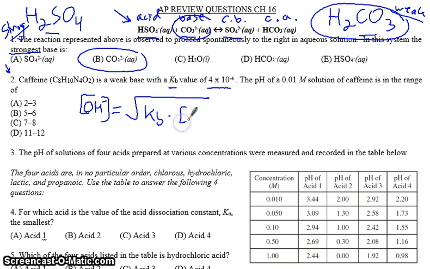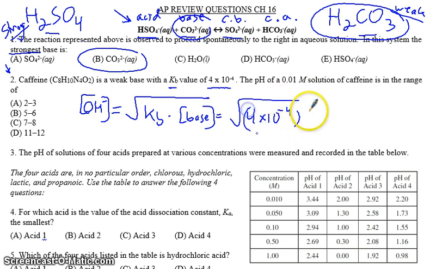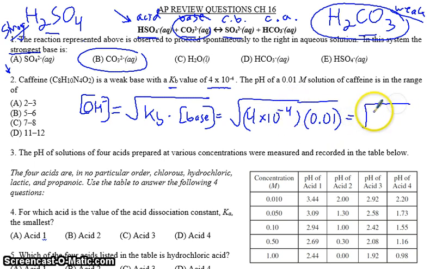So in this case, we have the square root of our Kb, 4 times 10 to the negative 4th, and our concentration is 0.01, so multiplied by 0.01. Now, when you multiply something by 0.01, you're moving the decimal place left twice. You're multiplying it by 100th, which means this becomes negative 6. So we actually have the square root of 4 times 10 to the negative 6th.